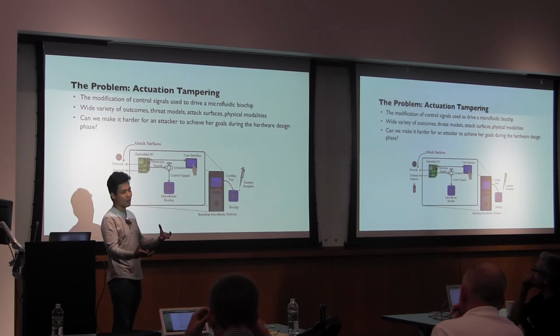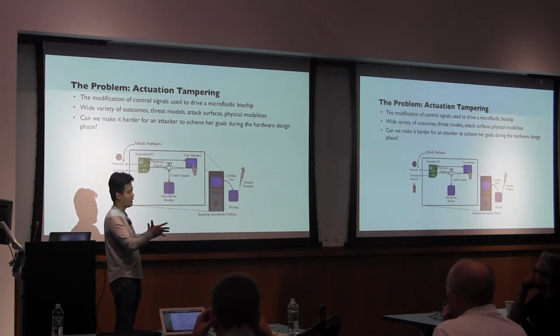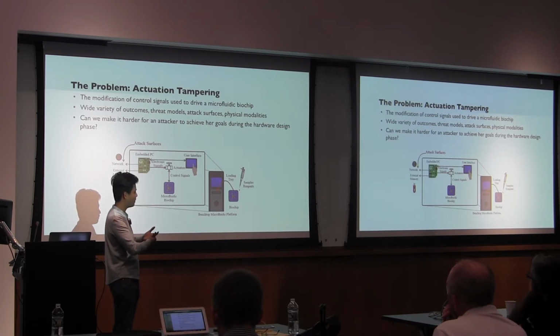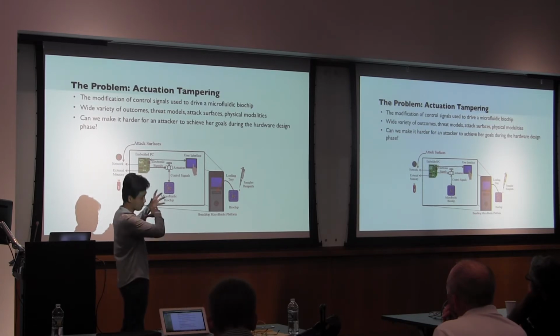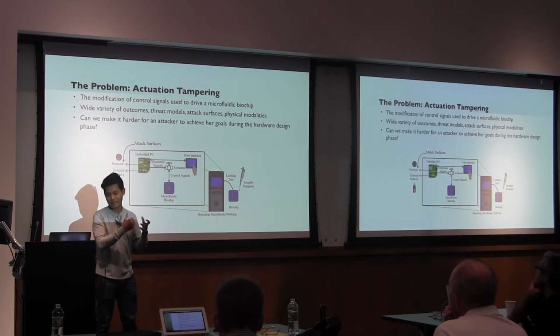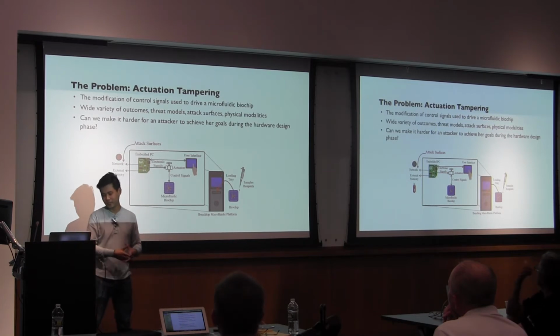So this is very broad. It encompasses a wide variety of outcomes, threat models, attack surfaces, physical modalities, and because of this I think this is a good target for research because it covers so much ground. And the question is, as hardware designers, can we make it harder for an attacker to achieve their goals when we're doing the hardware design phase?